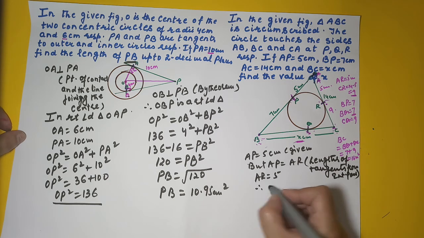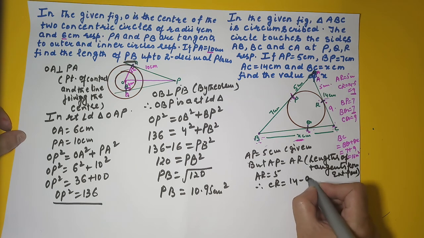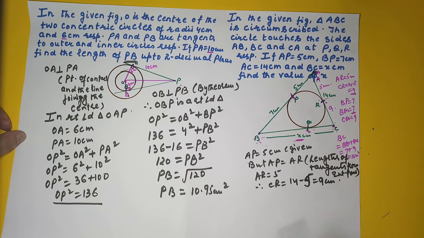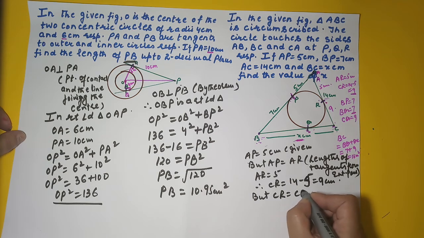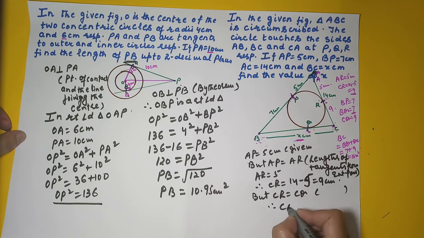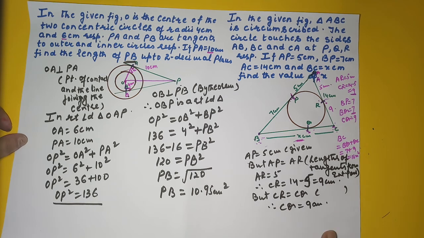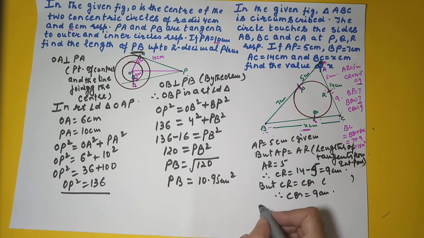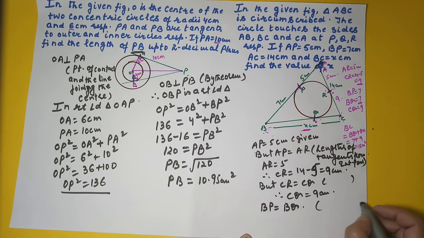Therefore, CR will be equal to 14 minus 5, which is equal to 9 centimeter. But you can say that CR is equal to CQ. Same reason. Therefore, CQ is equal to 9 centimeters. Right? Similarly, you can say that BP is equal to BQ. Right? So, reason same.